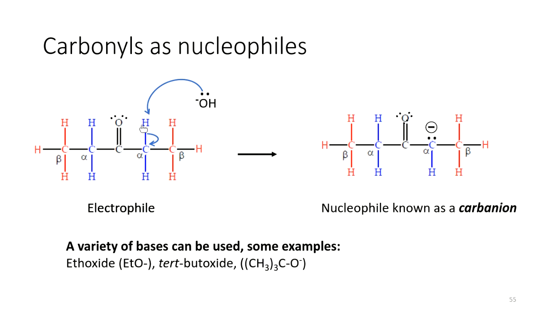That's kind of how we group it. When something donates electrons to a hydrogen, we refer to it as a base. But when it donates electrons to, say, a carbon or some other atoms, we classify it as a nucleophile, sort of. When it's acting as a base, it is pulling the hydrogen, and we are having the electrons on the carbon.